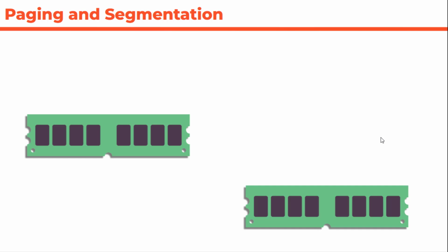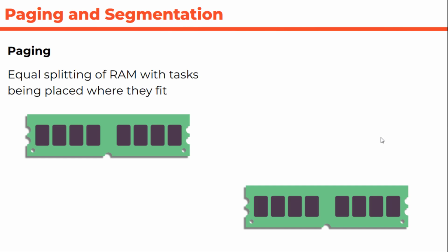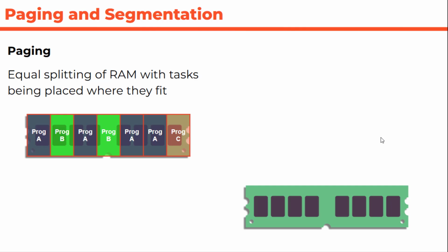So let's look then. Here are two identical pieces of RAM, or it seems that way. In paging, we take our random access memory and we split each part of RAM up equally. You can see that they're all the same size. We've got program A and program B and program C, and we've managed to fit all of them in. You'll notice that program A is split up in between program B, but everything does fit.